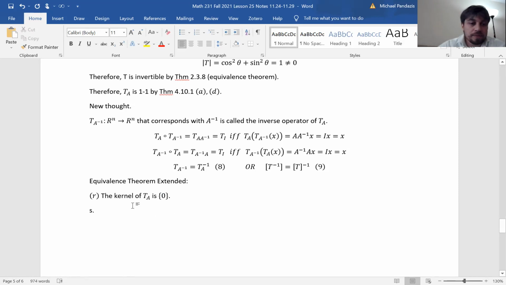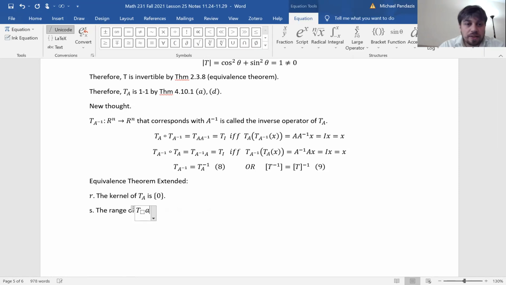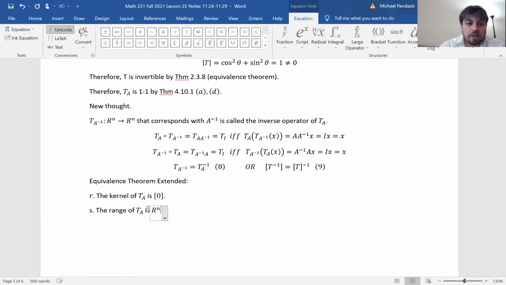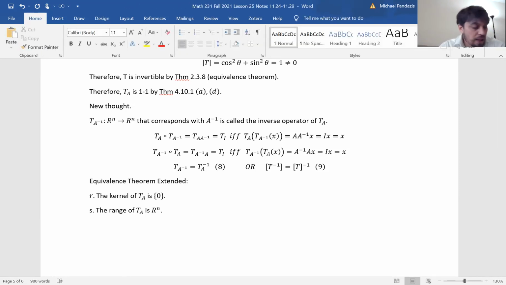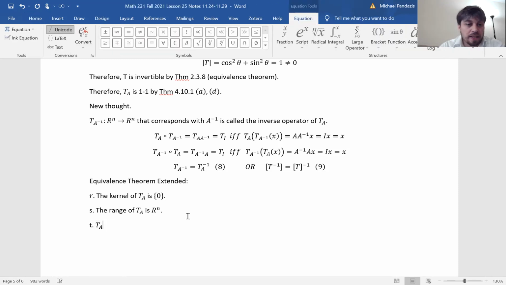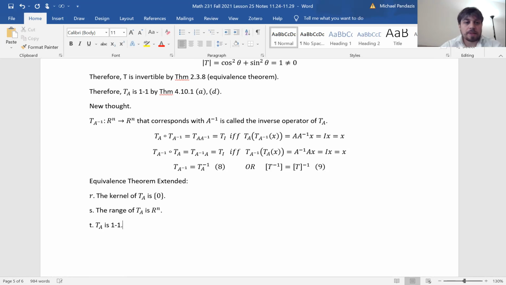S is that the range of T sub A is Rn. And then T is that T sub A is 1 to 1.